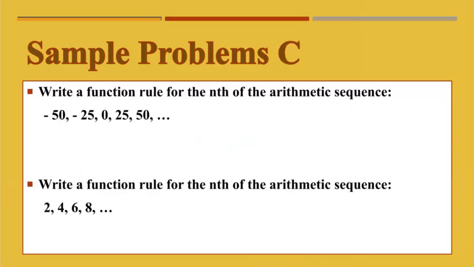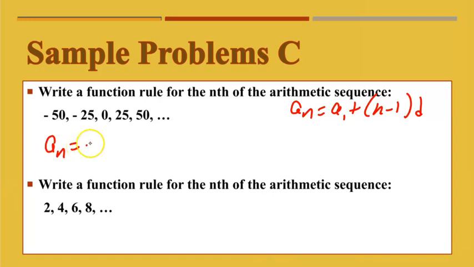Sample problem C. Here we're going to write the function rule for the nth term of the arithmetic sequence. So we're going to have our equation written in the same format as the equation that we had here: a subscript n equals the first term plus n minus 1 times the common difference.